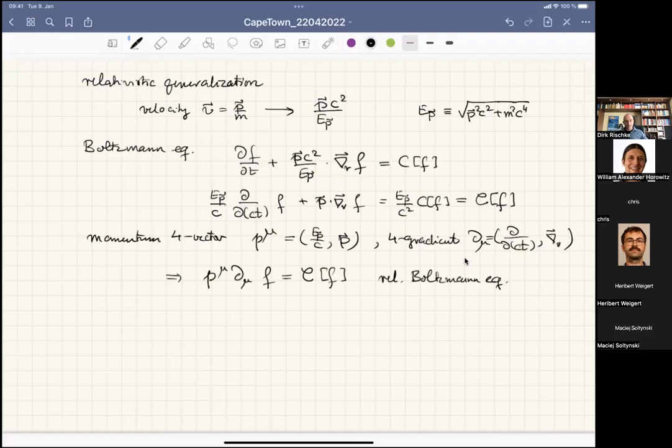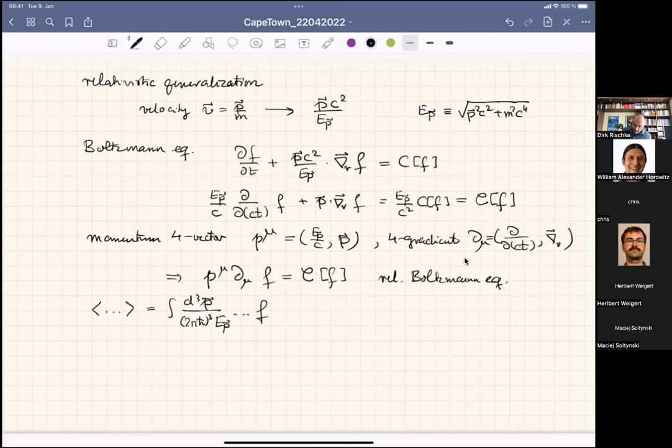And okay, the other thing you also have to adjust is this averaging. You have to integrate not over non-relativistic momentum space, but over Lorentz invariant momentum space. That means you need another factor of 1 over energy, the relativistic energy, in the averaging process.